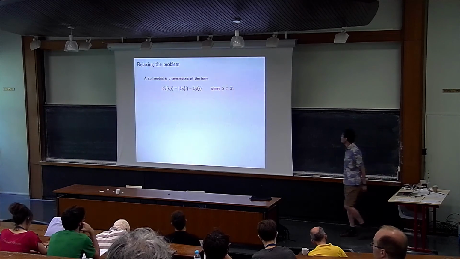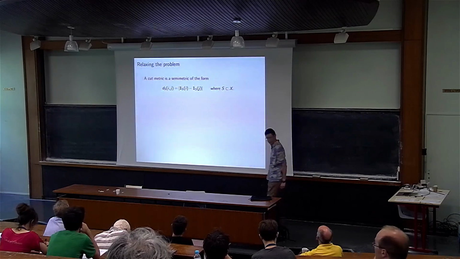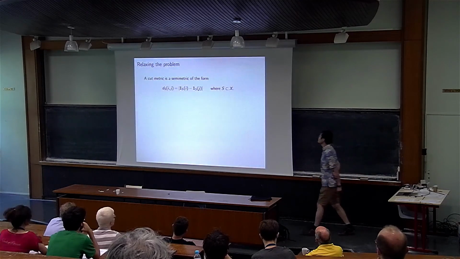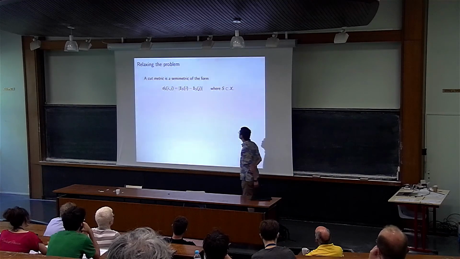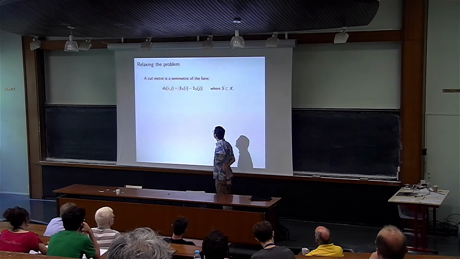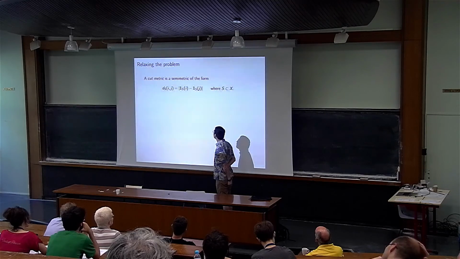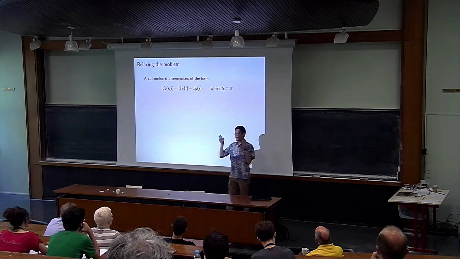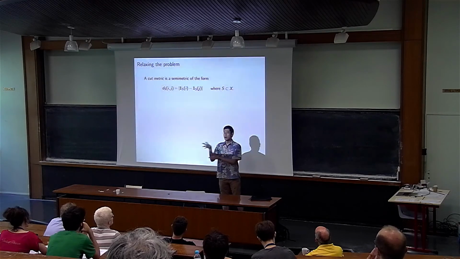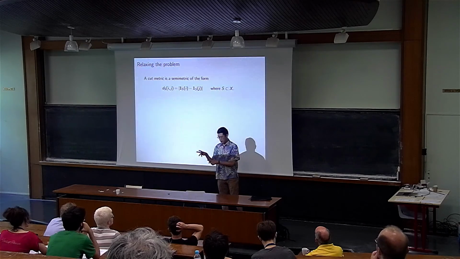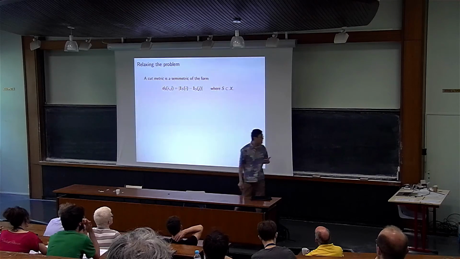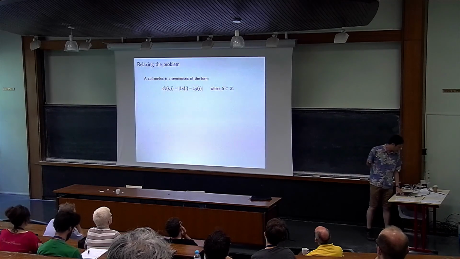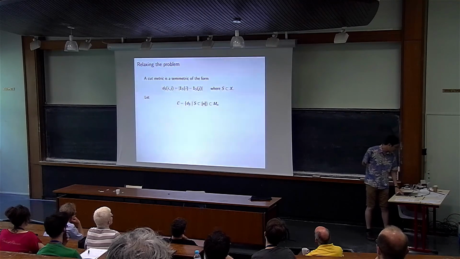So what do I mean by that? If S is a subset of the numbers between 1 and n, I'm going to define the cut metric d_S. d_S of ij is equal to 1 if i and j are on opposite sides of the cut, and 0 if i and j are on the same side of the cut. Then I can state the minimization problem that we solved for the sparsest cut problem in terms of these cut metrics.